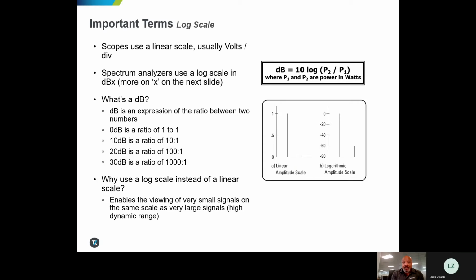On the order of 10 dB, we're looking at a 10-to-1 relationship, and 20 dB, it is 100 to 1, and so on and so forth. And this is related to the fact that the log function is used in order to relate the fundamental change between, in this case, power that's incident in time 1 versus power that's incident in time 2.